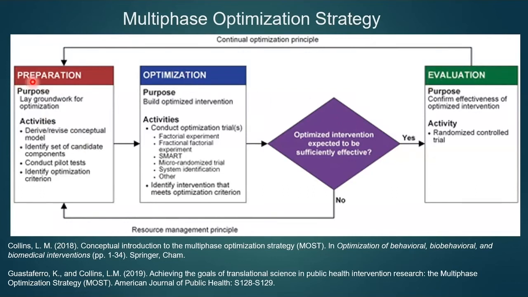In the preparation phase, it lays the groundwork for optimization. And what takes place is that the conceptual model, and that's where we're talking about the implementation science theory or frameworks such as RE-AIM or EPIS and so forth, would be chosen and adapted for the current situation.